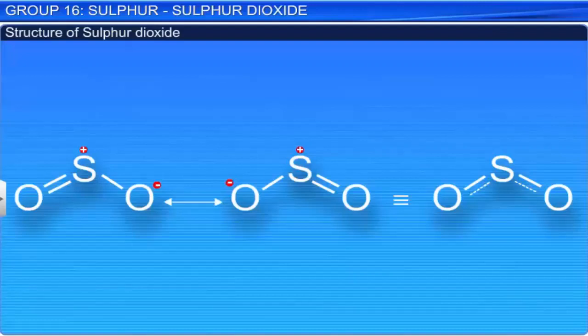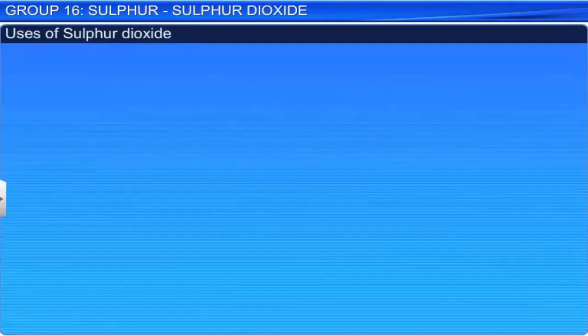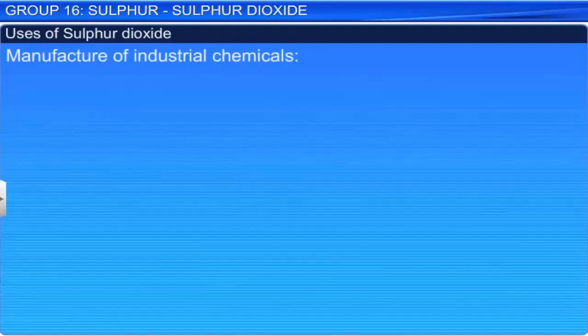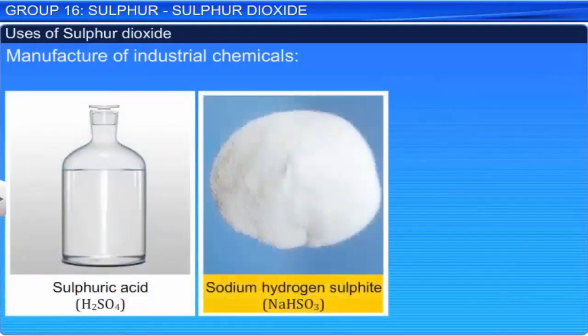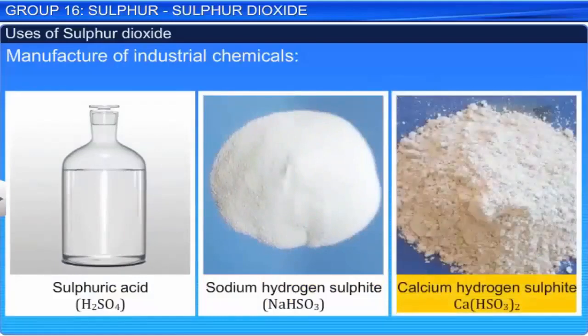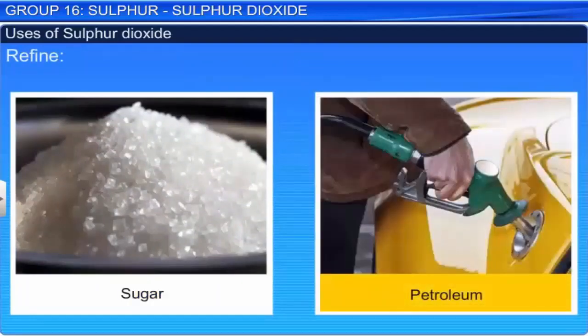Let's look at the uses of sulfur dioxide gas. Sulfur dioxide is used in the manufacture of industrial chemicals like sulfuric acid, sodium hydrogen sulfide, and calcium hydrogen sulfide. It is used to refine sugar and petroleum. It is used to bleach delicate materials like wool and silk.